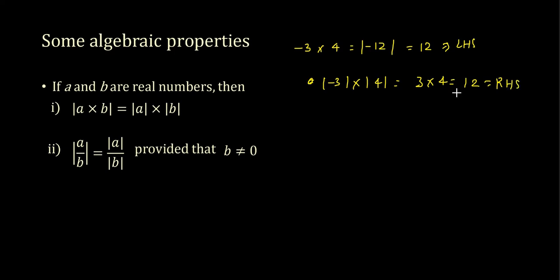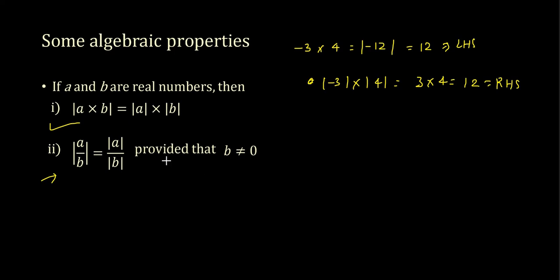That means this modulus sign can be separated and applied to individual numbers if the two numbers are in multiplication and if they are in division. The second part says that a divided by b, then modulus is equal to modulus a divided by modulus b, and obviously the denominator should not be equal to 0, otherwise it will be called undefined.